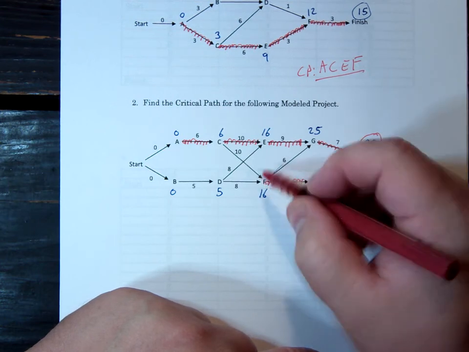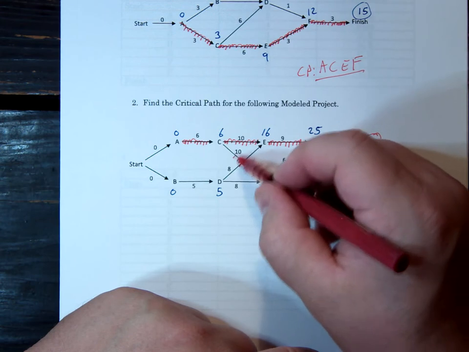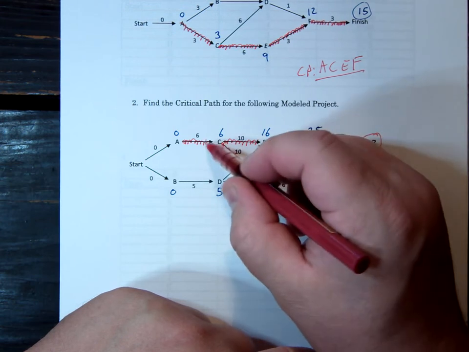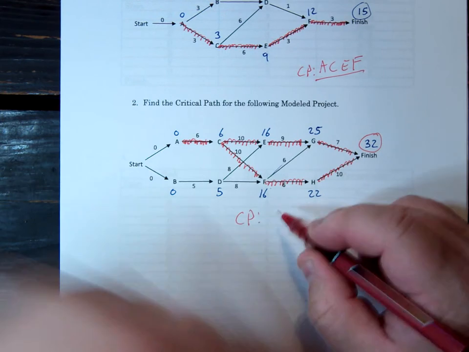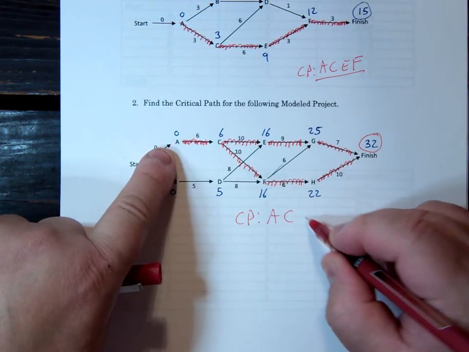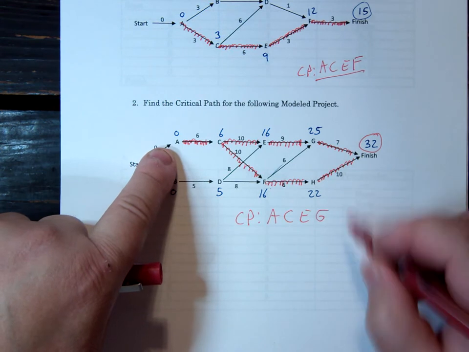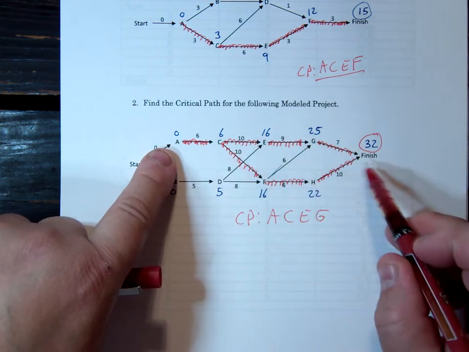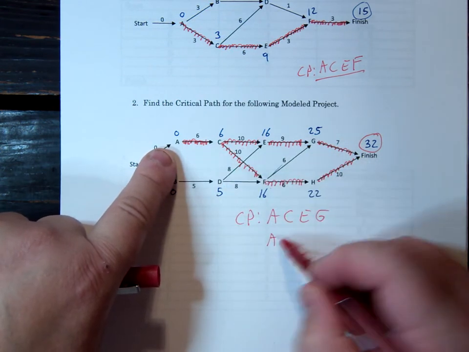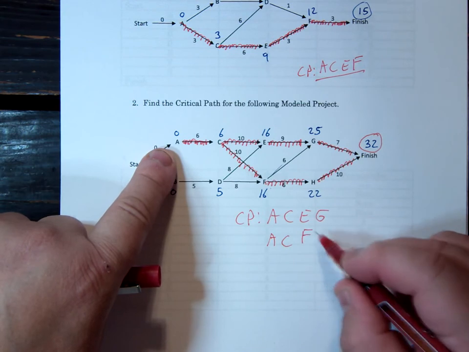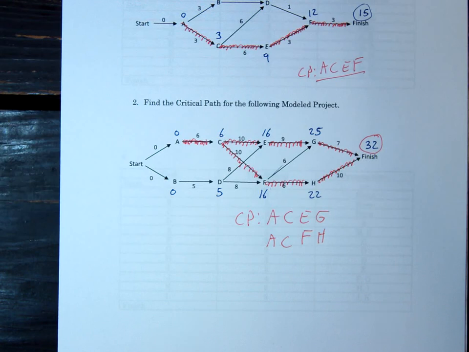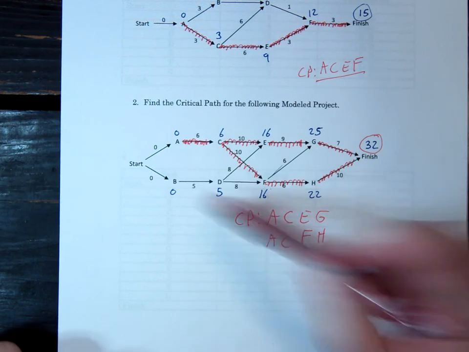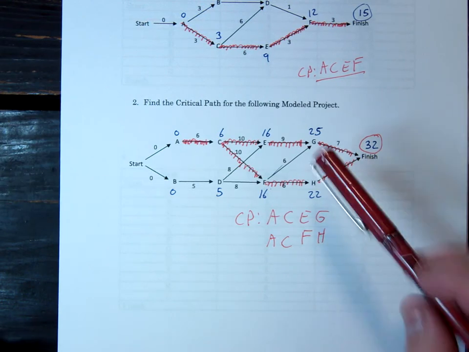The 16 came from the 10 and then back to A. So your critical paths are A, C, E, G for the top one, and A, C, F, H for the bottom one. So this actually has two critical paths. All those people on the critical path have to start when they can.